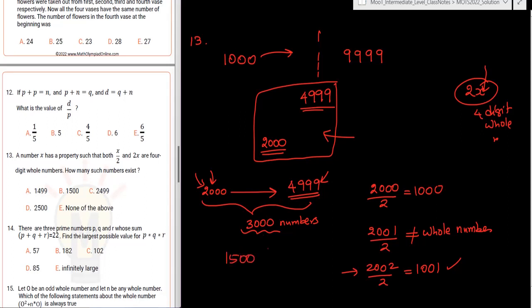So the answer is 1500. Choice is B, 1500. Okay. The only tricky part here is once you found the range, you have to realize that it's only the even numbers that will satisfy the property, because we are dividing by 2 and we should still get a whole number as the answer. Okay.